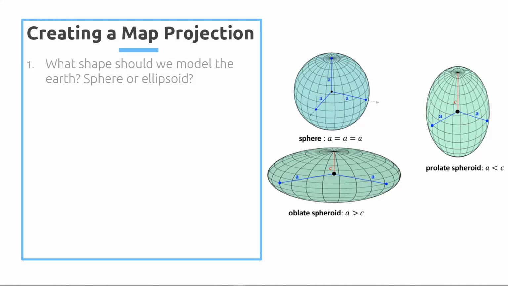In reality, the Earth is closer to this, an oblate spheroid, where the poles are pushed inwards and it goes out a lot more, so the middle of the Earth is a lot larger than the top and bottom. So it's closer to this. I think in reality, the Earth is actually more in between these 2 figures.